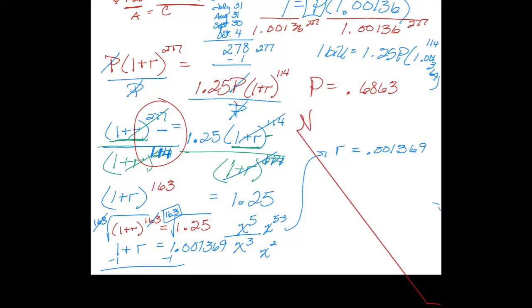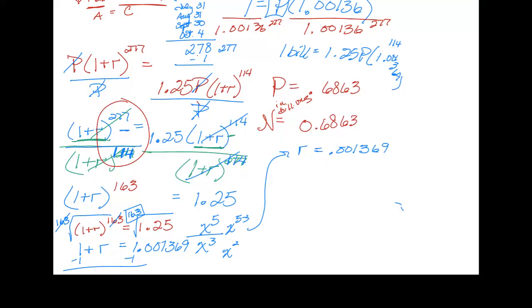So the final formula in billions would be 0.6863 times our growth factor of 1.00136 to the T power.